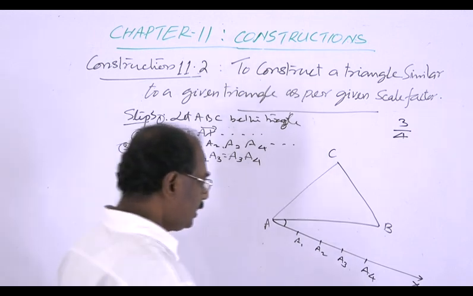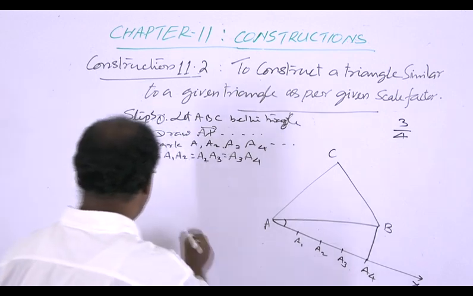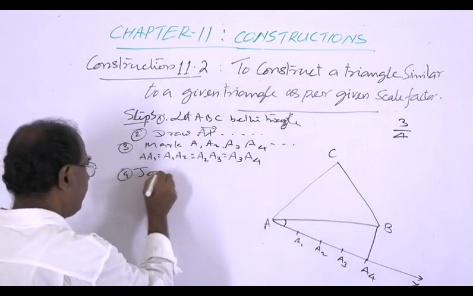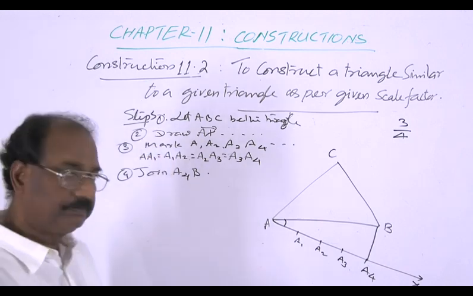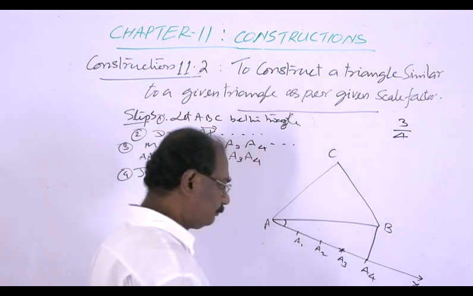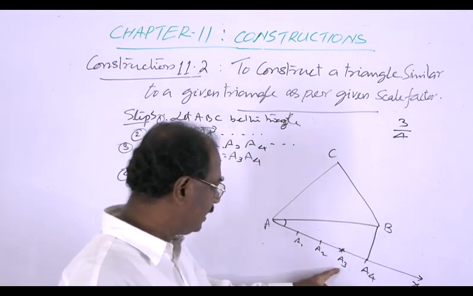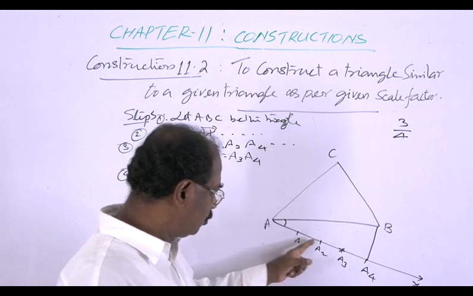Then join A4B. Then through this A3, so here this A3 is with these three portions 1, 2, 3, A1, A2, A3.